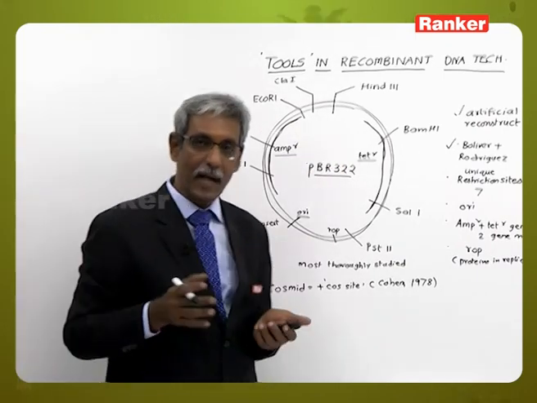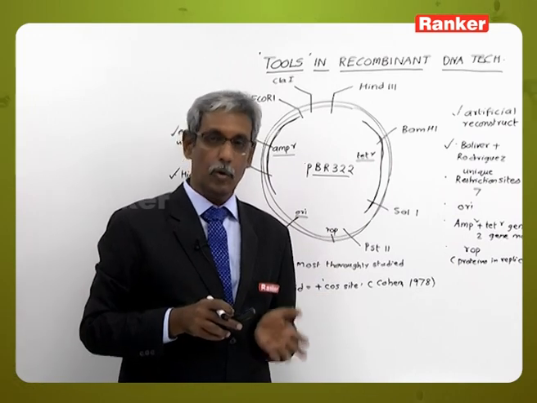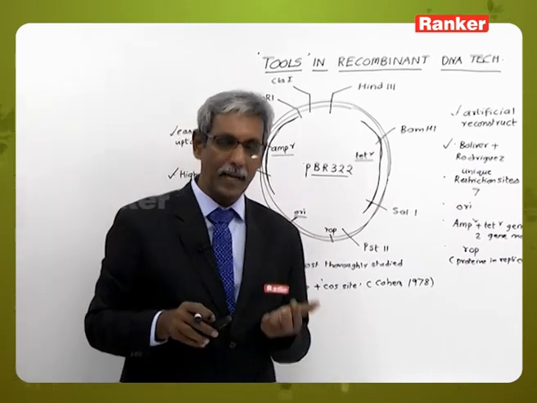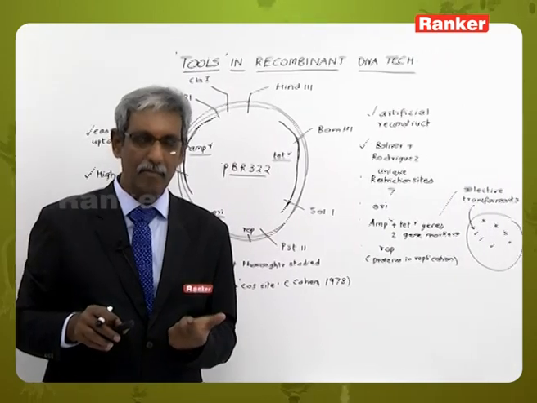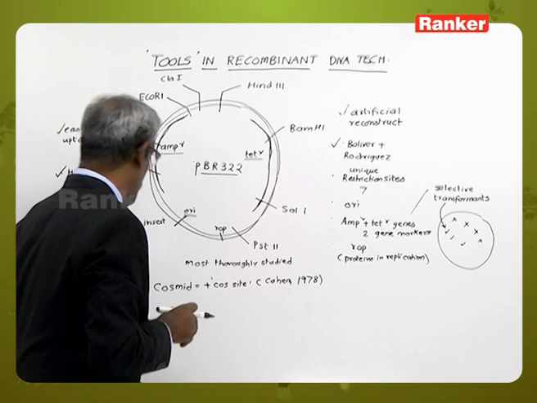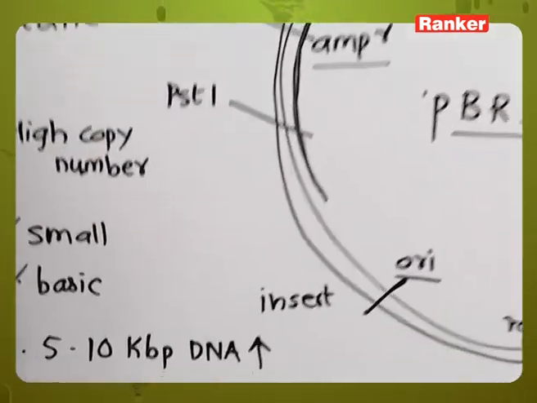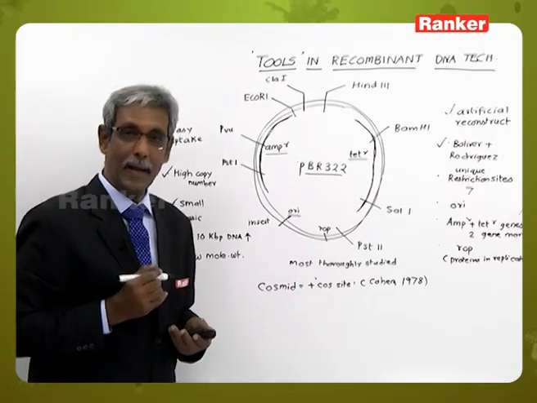There are different plasmids which can take large, small or medium molecules. So, plasmids have properties of DNA uptake, they have selective markers, and they show either high copy number or low copy number. Now, pBR322 shows a high copy number, and it is a low molecular weight plasmid.